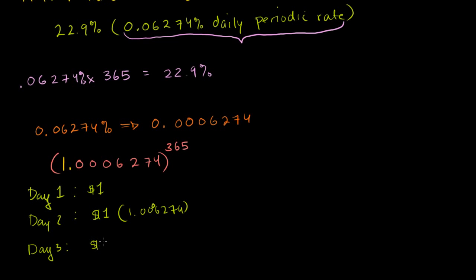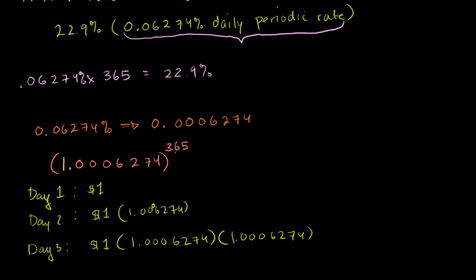On day 3, it'll be $1, which is the initial amount I borrowed, times 1.0006274, and then I'm going to have to pay that much interest on this whole thing again, so times 1.0006274. As you can see, we've kept the balance for 2 days, and I'm raising this to the second power. If I'm multiplying it by itself, I'm squaring it. So if I keep that balance for 365 days, I have to raise it to the 365th power.